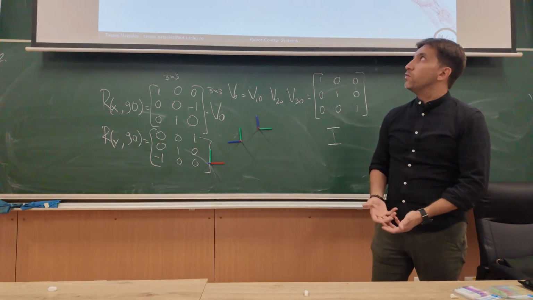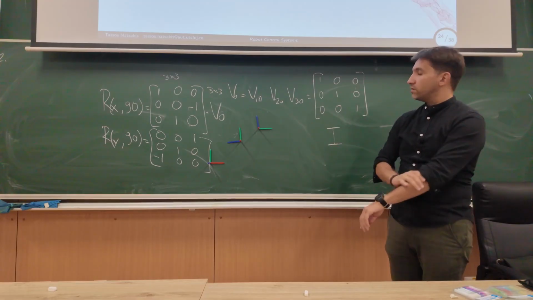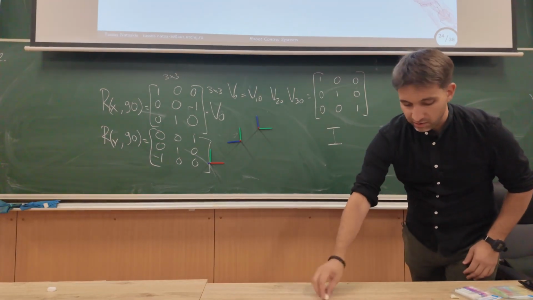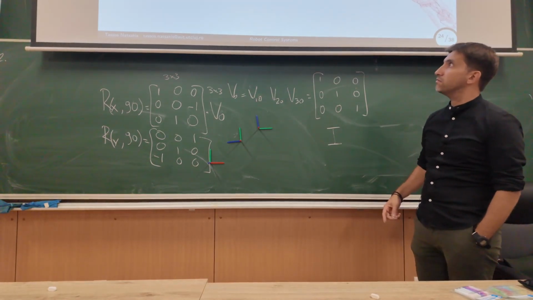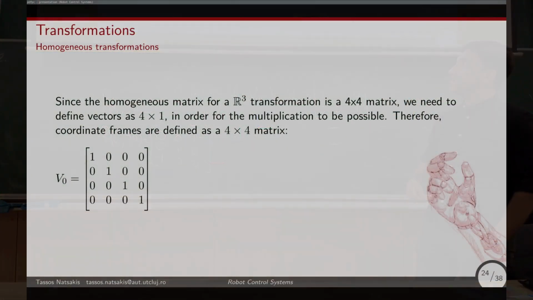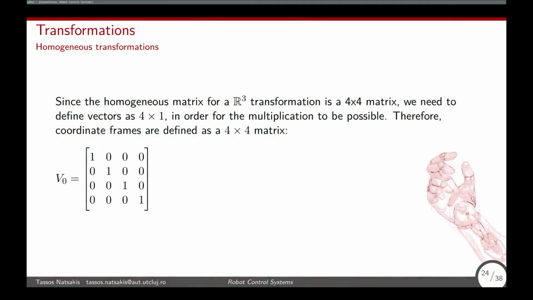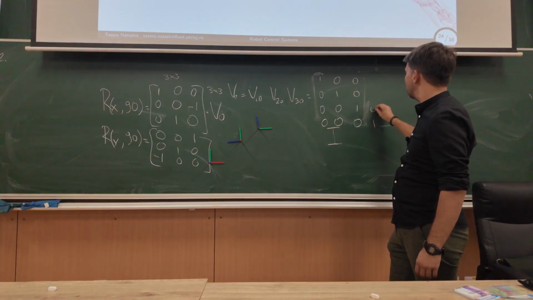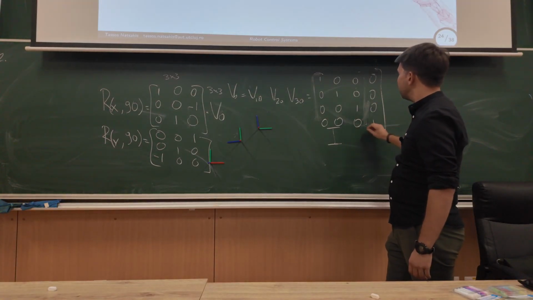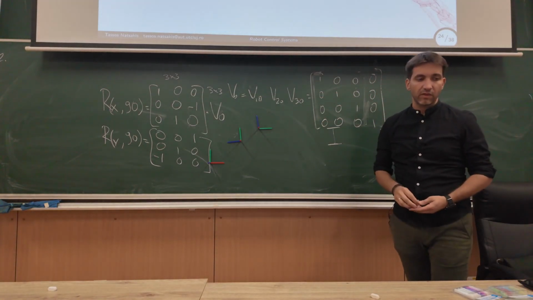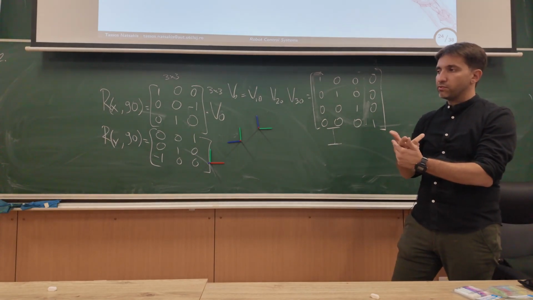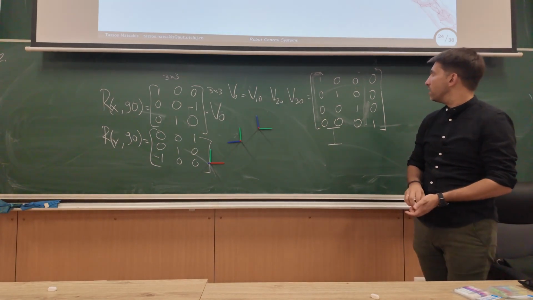So we define a broader definition for this coordinate frame as a 4 by 4 matrix where we have again the identity matrix for the frame placed at the same position and orientation as the reference frame.